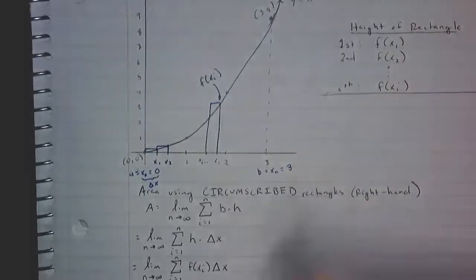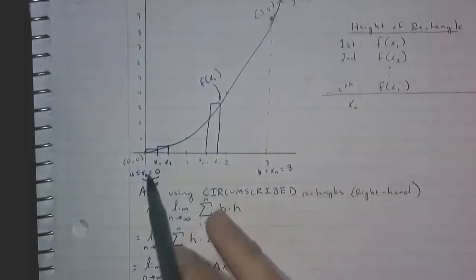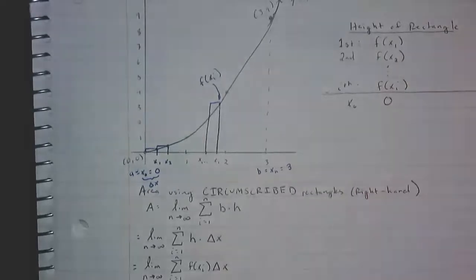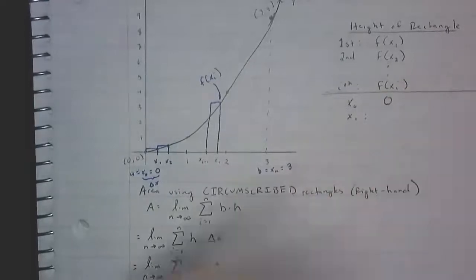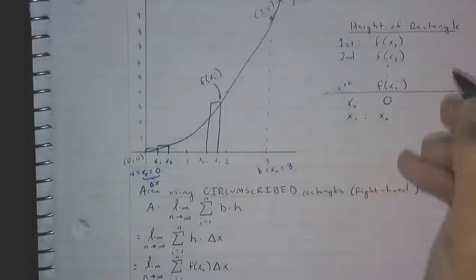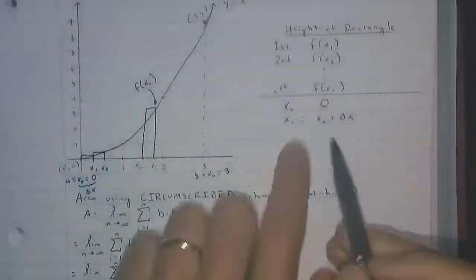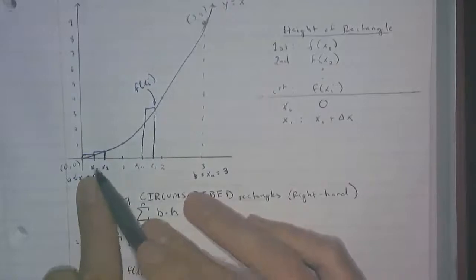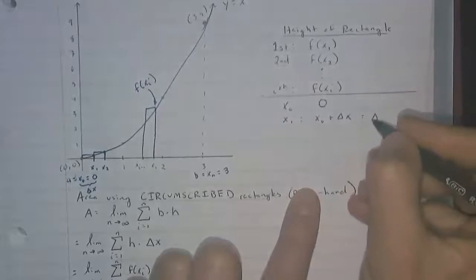So x sub 0 or x naught is 0. x sub 1 is x naught plus delta x. To get to x sub 1, we're starting at x naught and adding delta x. Okay, but x naught is 0, so this is just delta x.